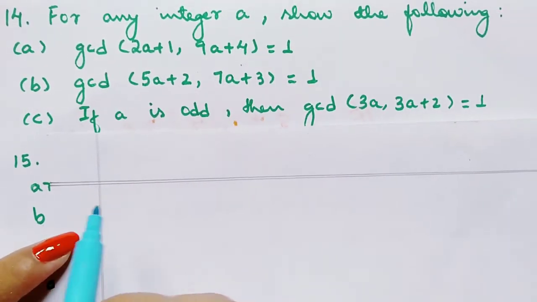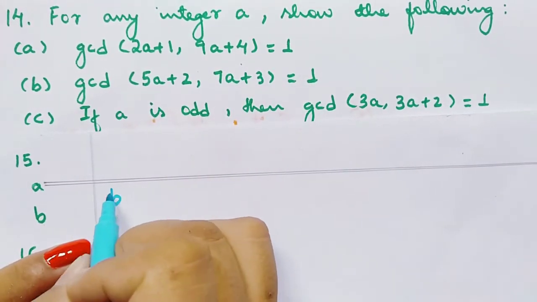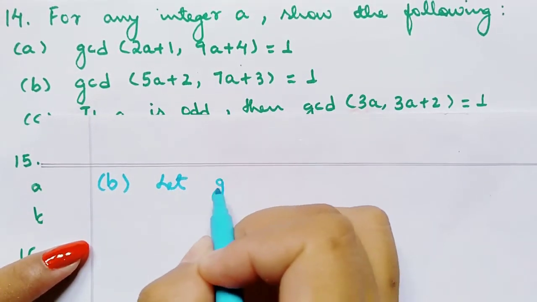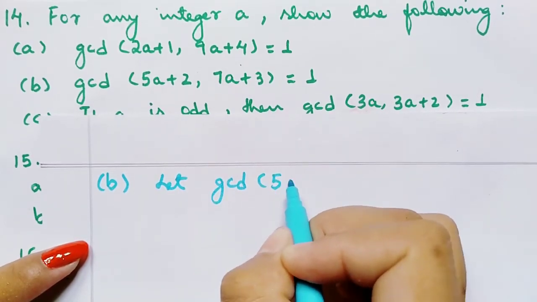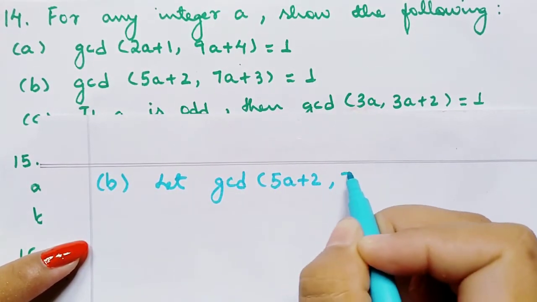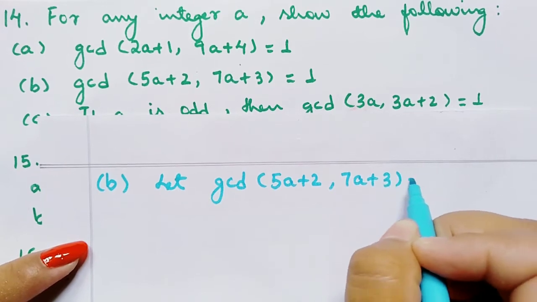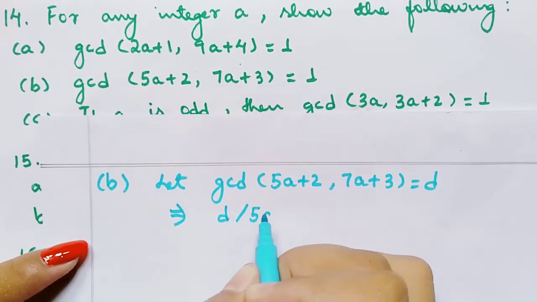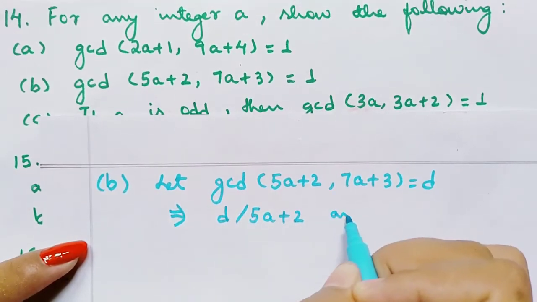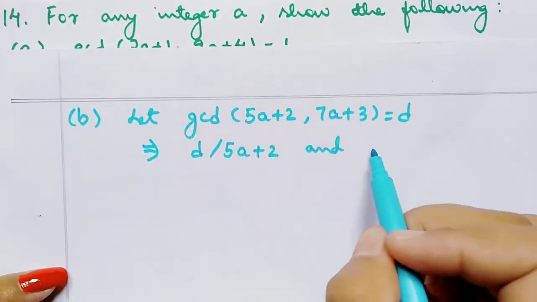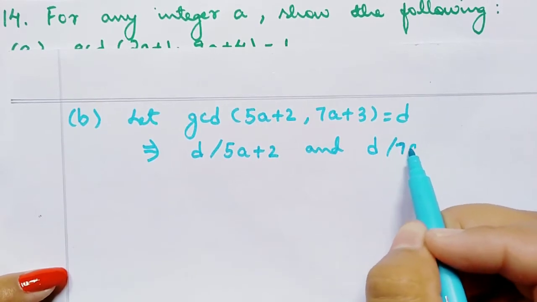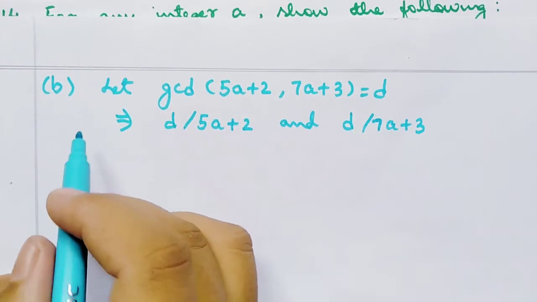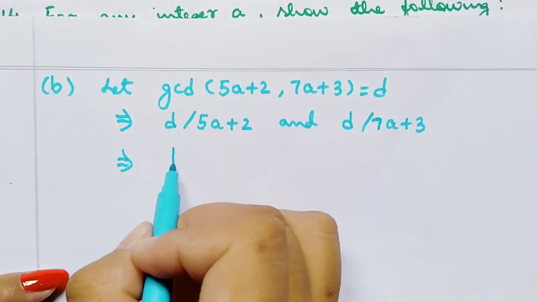The second one in a similar way. Let the GCD of 5a plus 2 and 7a plus 3 be D. So D divides both 5a plus 2 and 7a plus 3. Again, like before, like in 14a, D divides.